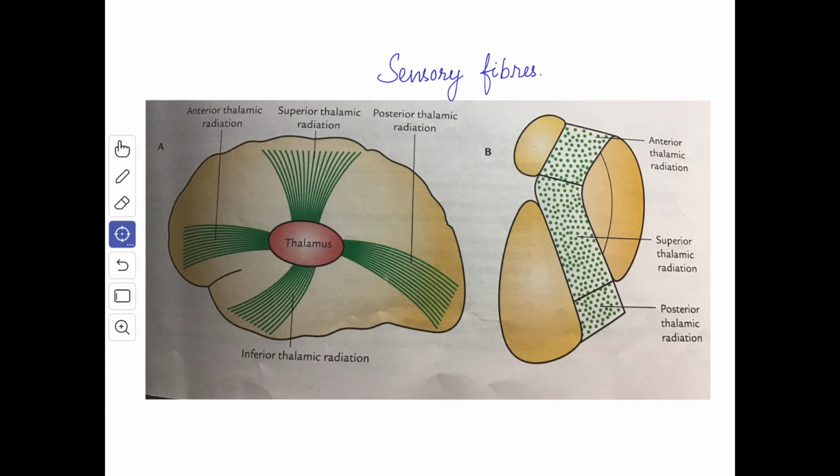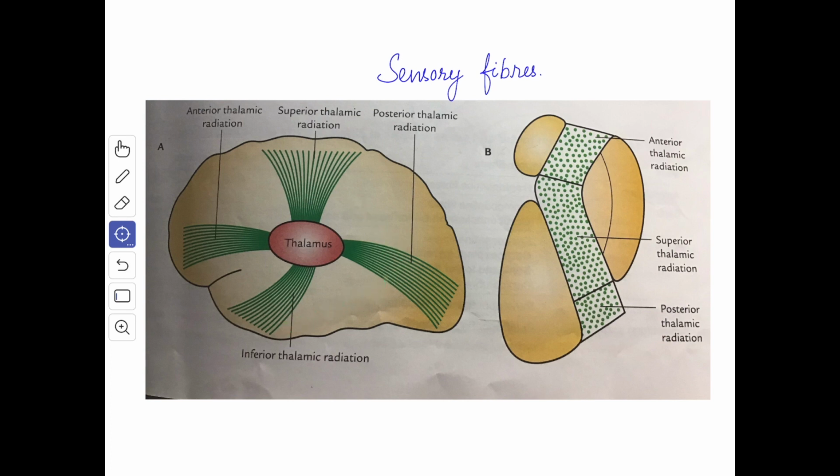Next we'll see about the sensory fibers. The sensory fibers are mostly thalamocortical fibers which radiate from the thalamus to reach the cerebral cortex in different directions. So they constitute the thalamic radiation.